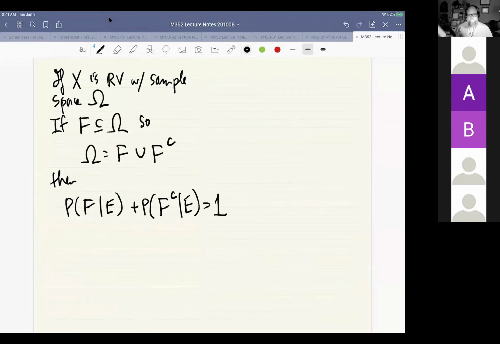Okay. So here's an example of how we can think of this itself as a probability distribution, and therefore it obeys a rule like that.